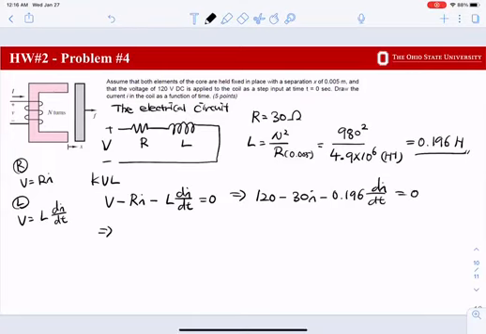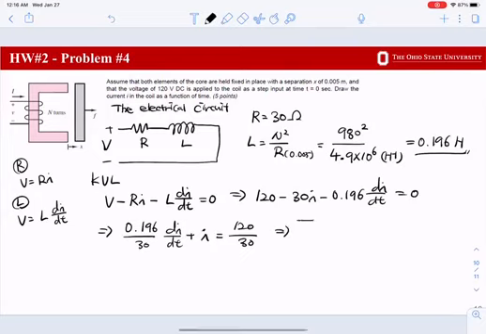So I organize this equation: 0.196 over 30 times di over dt plus I equals 120 over 30.